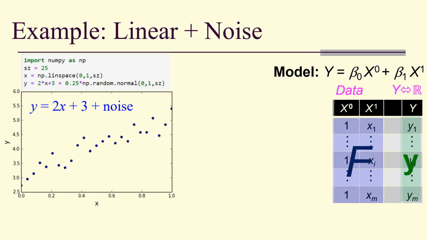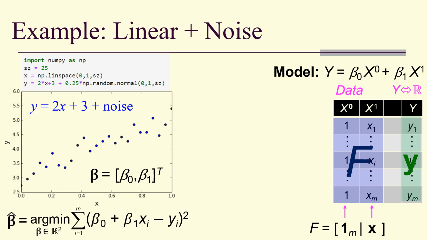And that means that my F here is the matrix of the x values, and the y is just the y values. So my F is of the form a column of 1s followed by the x's. Our betas are the beta 0, beta 1 in the model.